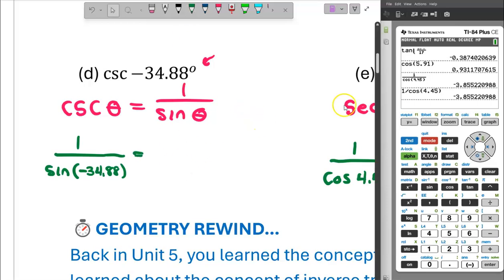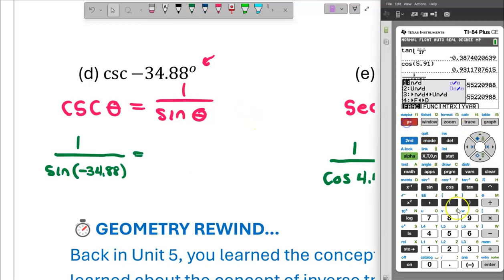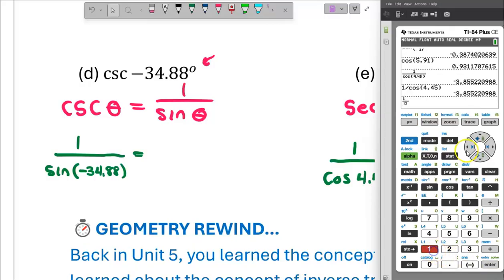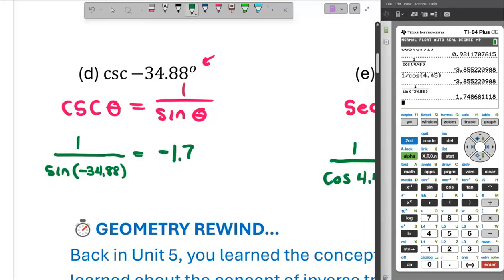Again, ensure that you are back in degree mode because that will make a difference. So this will be 1 over sine of negative 34.88. And when I evaluate that, I get negative 1.749, and then we'll round that up to 9 in this case.